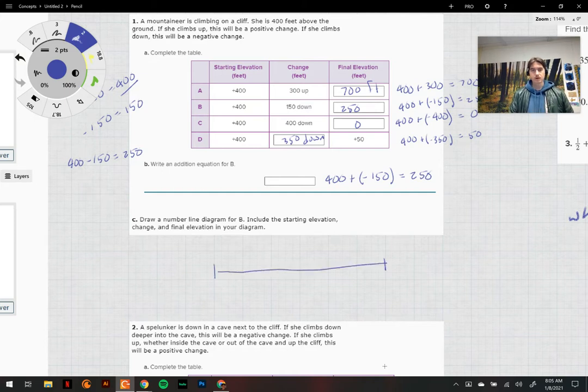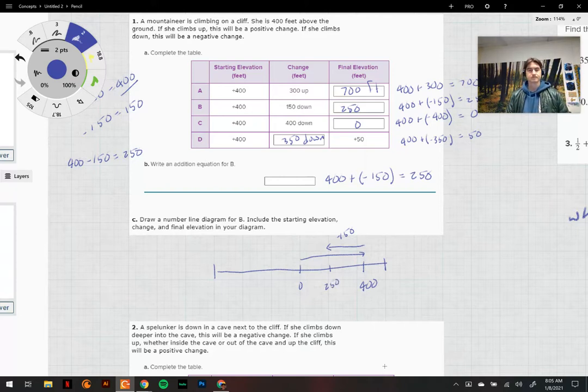Remember, when we're doing our number lines, we always start at 0, and our first arrow leads to our first elevation. In this case, it's 400. And since I'm adding a negative value, it's a negative change, so I have to go to the left. Let's just call it about right there. So this is adding negative 150 to get a result of 250.